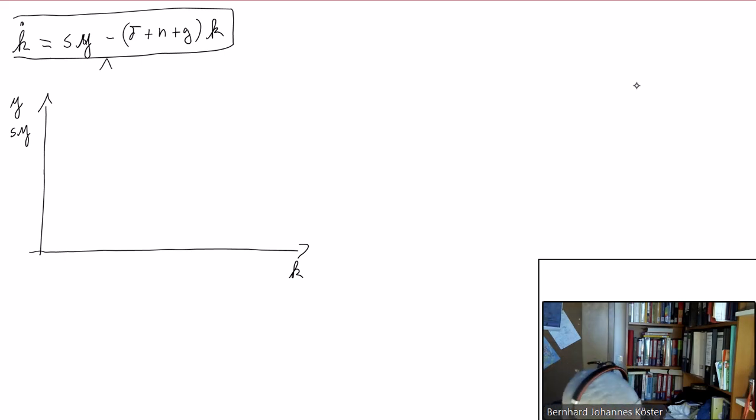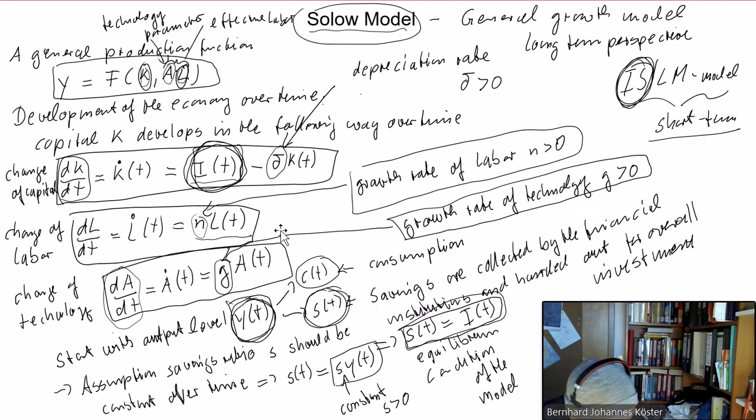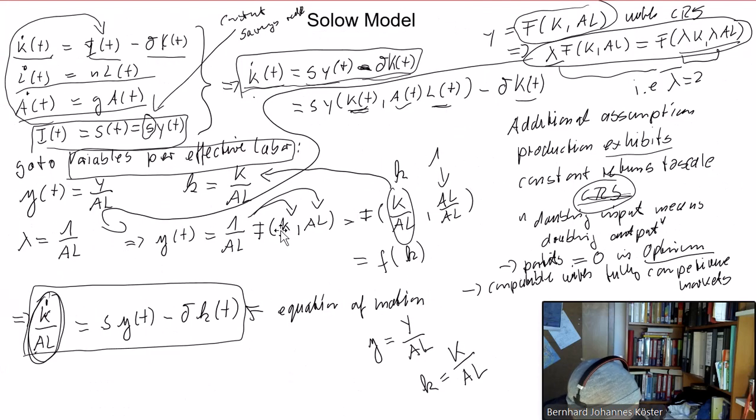So remember, y was production of capital per effective labor equals 1, and I think I have written small f for this one. Yes, here I have it.